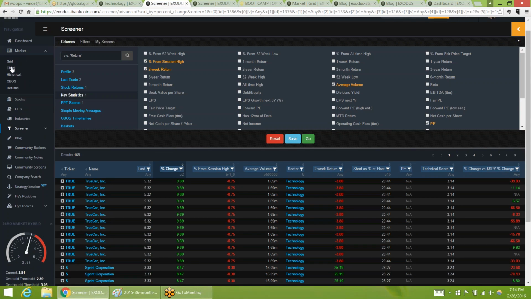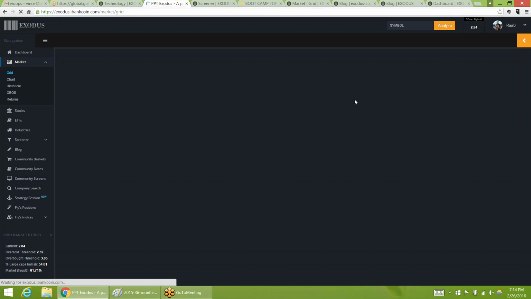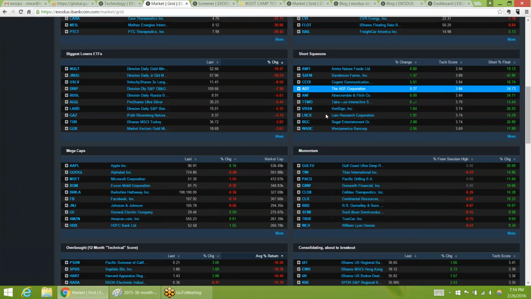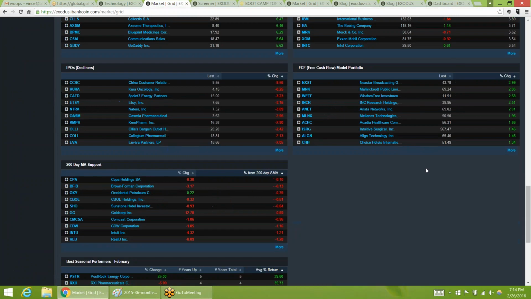Another thing I wanted to point out back on the grid was that we made some changes to the free cash flow model portfolio screen. So if you go to grid and you scroll down and you find the free cash flow, it's the last one on the bottom right. This was modified because with these screens, we're trying to find what is working in this market.